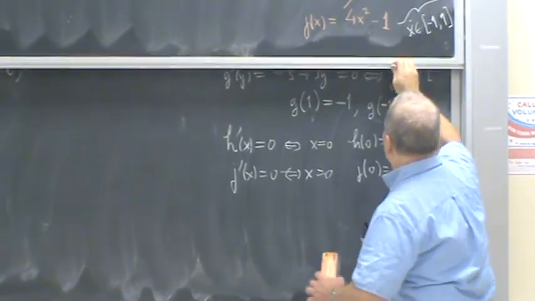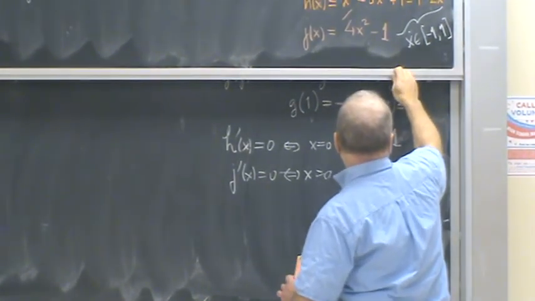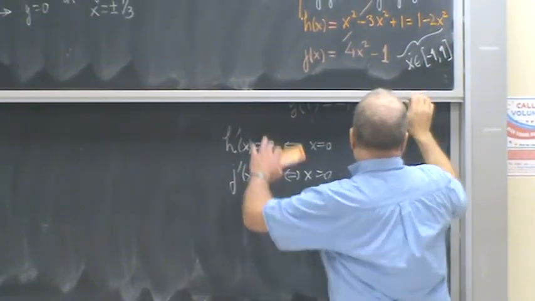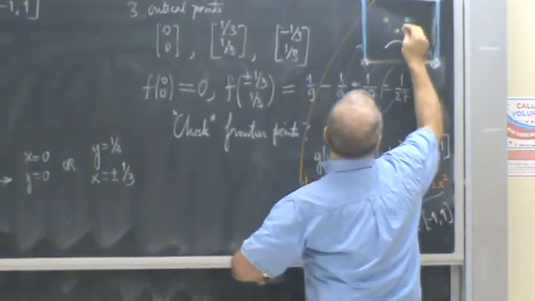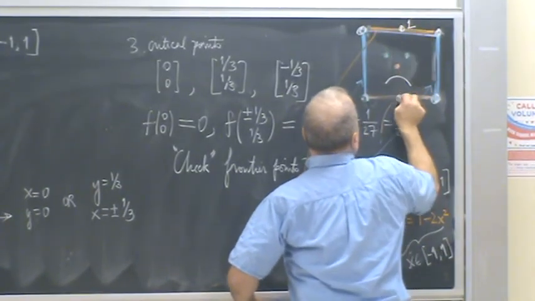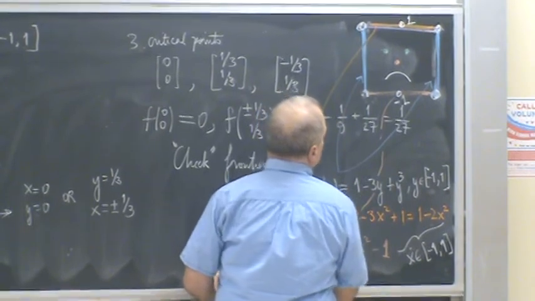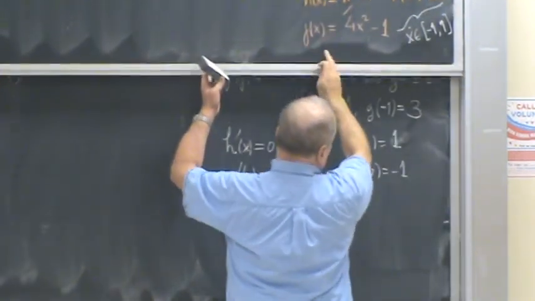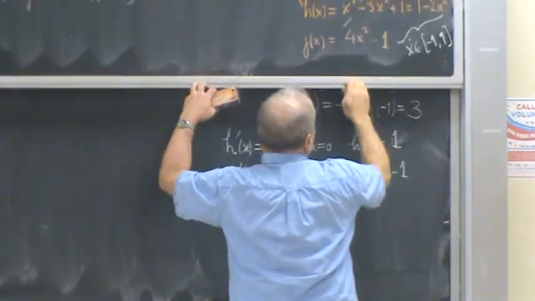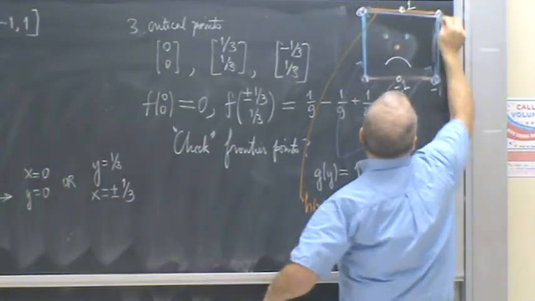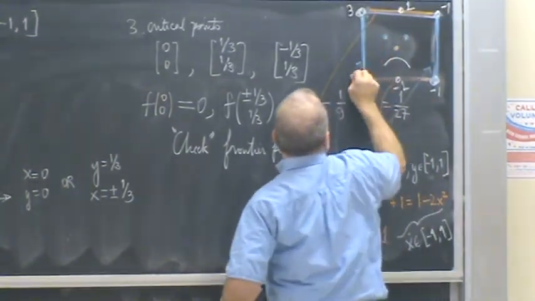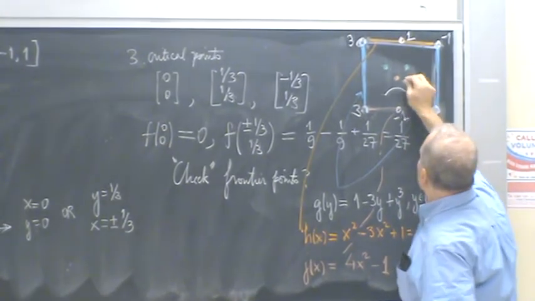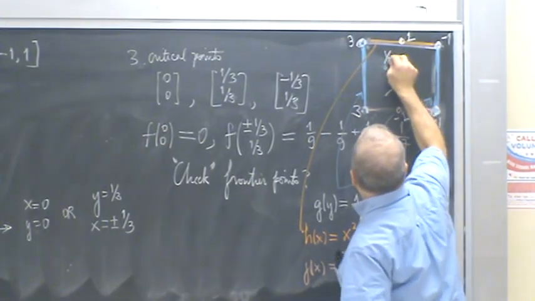So at this point, we've got 1 here, we've got negative 1 here, and at these other endpoints, they're negative 1 and 3. So at the round point it was 0, and at these it was 1/27.